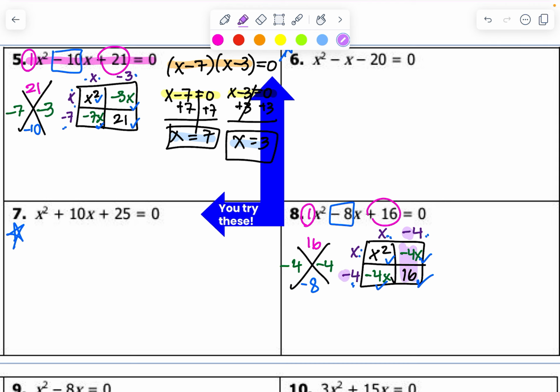Something really important, the reason I'm taking out a negative 4 instead of positive 4, even though you're thinking minus 4x and 16, they don't have negatives. They both don't have negatives. Remember, we said 16 is negative 4 times negative 4, right? Even if you look back at all of our other problems, like negative 7, negative 3, negative 7, negative 3, they were outside the box.